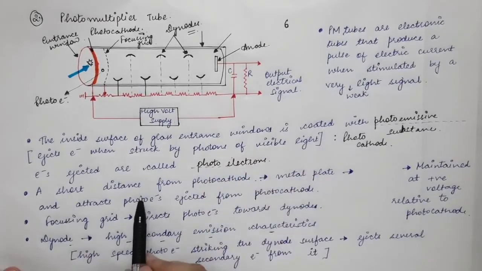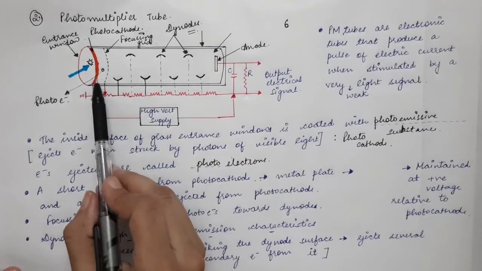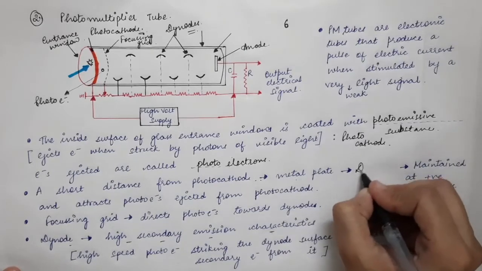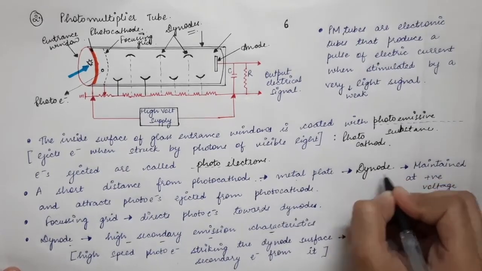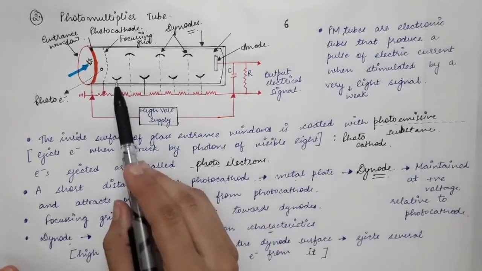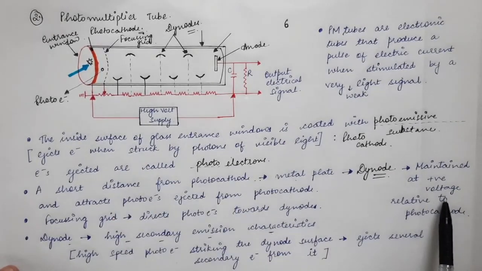A short distance from the photocathode, we have a metal plate which is called a dynode. The first dynode is maintained at a positive voltage relative to the photocathode.